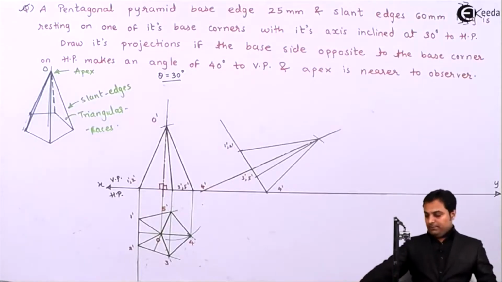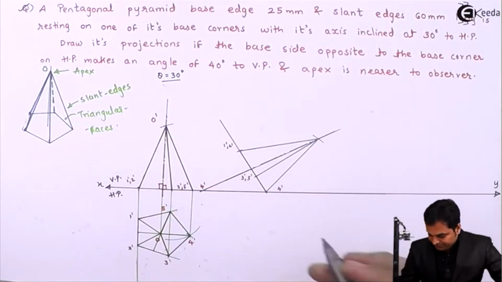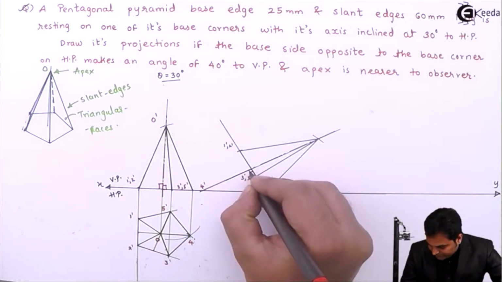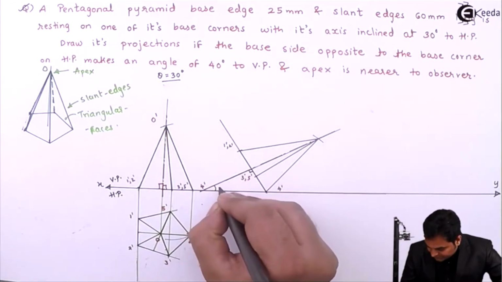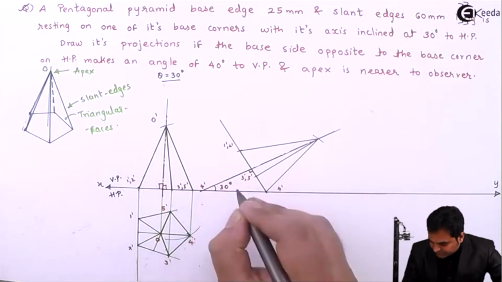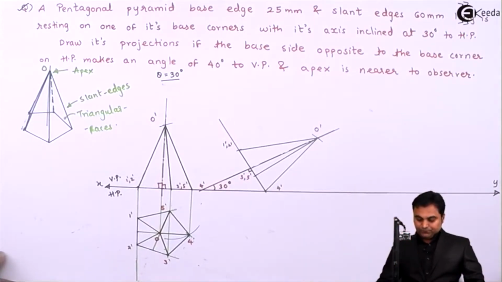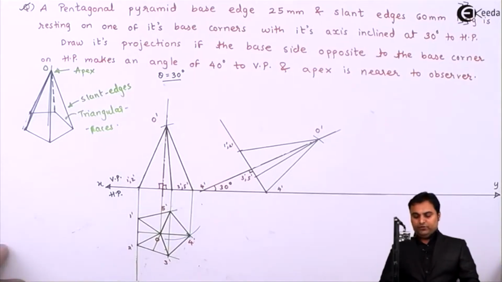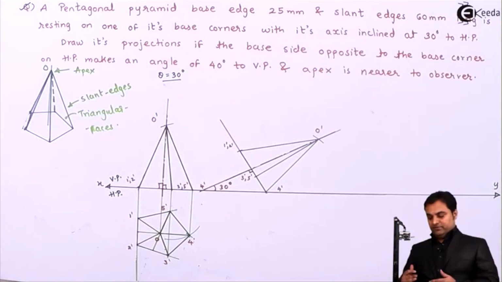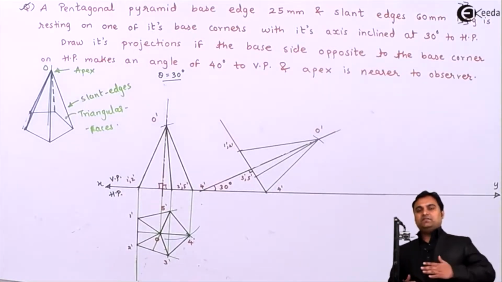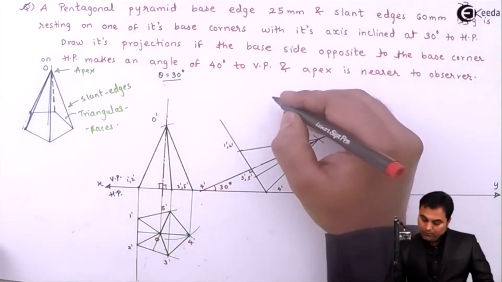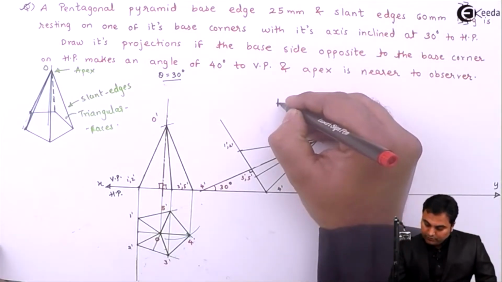Now, base is inclined at 60 degree and here we have 90. So 90 minus 60 means the axis is inclined at 30 degree. And I have already given the notation. This is O dash. So this is the front view of the pentagonal pyramid, which is tilted about its axis at 30 degree.